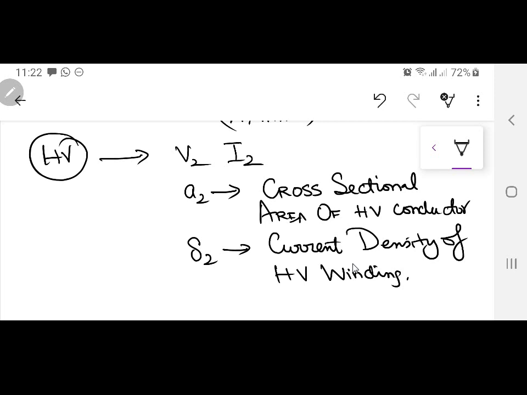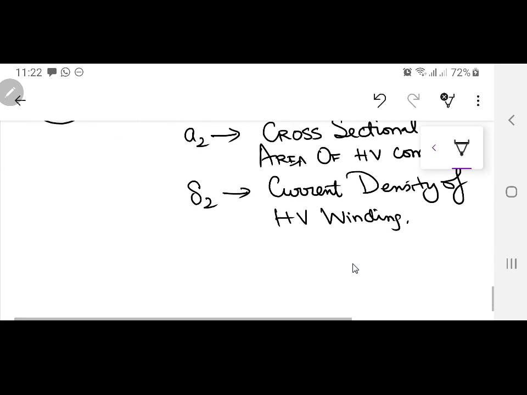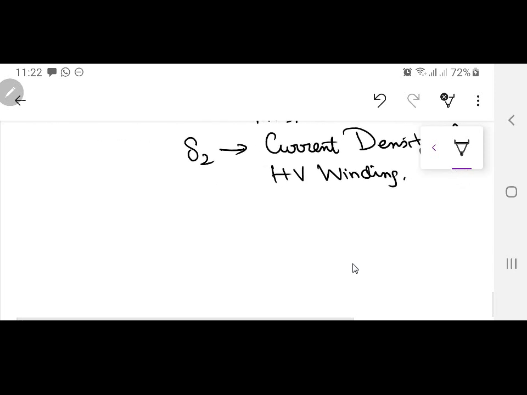But in this discussion today, I am keeping delta 1 equal to delta 2. Normally they will be kept the same, but if it's a very big, huge transformer, there can be a 10 to 20% difference, just because the outside winding, the high voltage winding, can dissipate a lot of heat.